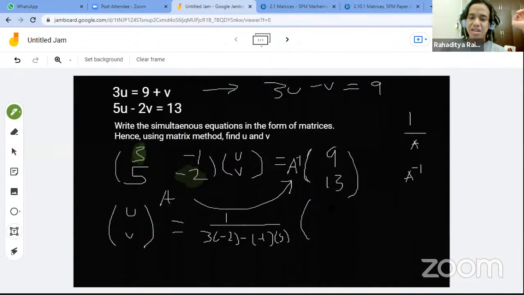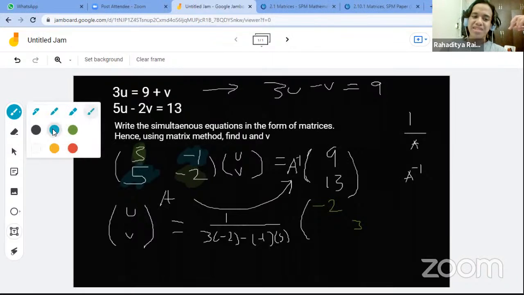Thank you, Rachel. Negative 2 and 3. And as for the other one, highlighted in blue, what do you do with this one? Add negative, yes. Well, not really add negative, but more like multiply negative 1.